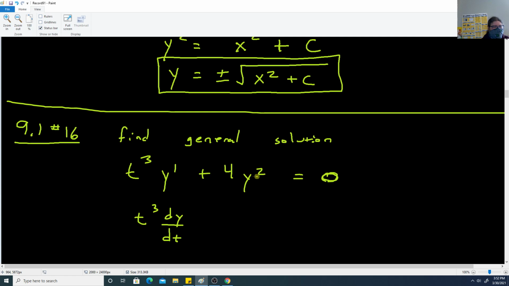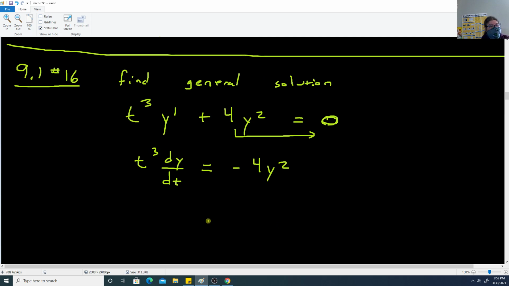This 4y squared, I'm going to scoot that across the equals for a moment, and we'll get that as negative 4y squared. So our expression looks like this for the moment. I need to get my t stuff over on this side and my y stuff back on that side. So the dt is going to come on over here, and t cubed, I'm going to divide the t cubed across.